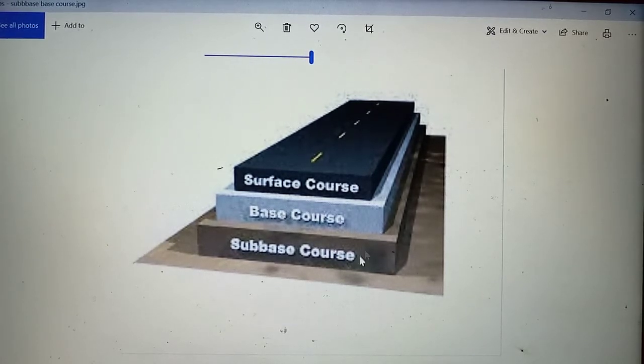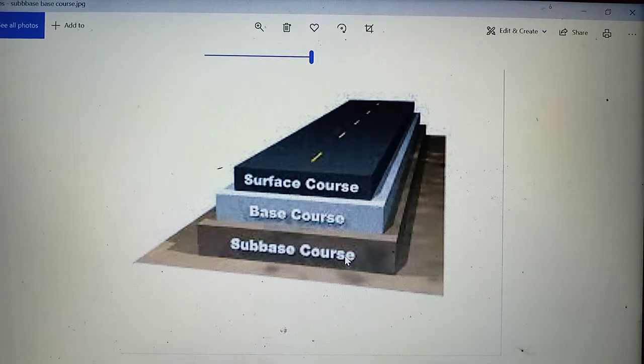Ito yung sub-base course mo. Usually, yung sub-base course mo is composed of aggregates na may halong lupa. Lalagyan mo na siya ng suitable non-granular material. So, basically, it is composed of granular materials, sand and gravel in a certain proportion, and then meron siyang binder.